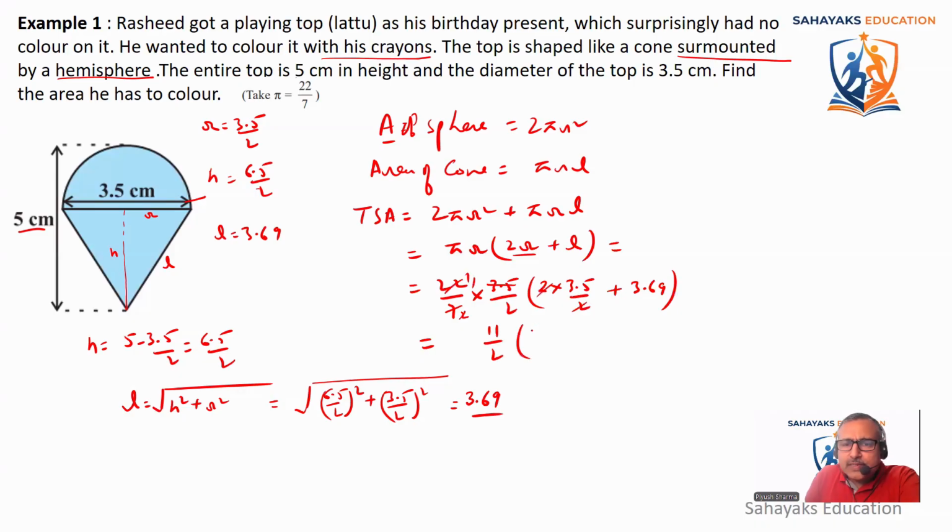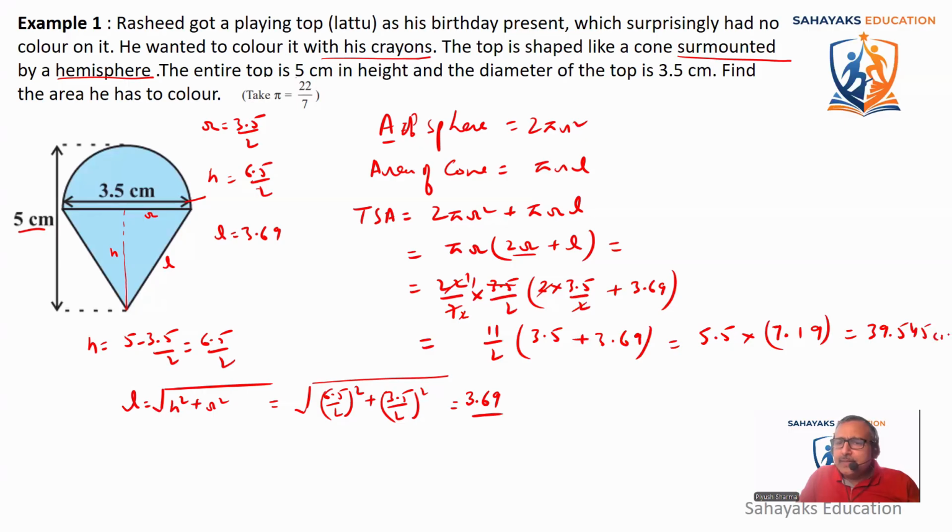The 2s will cancel out. It is 3.5 plus 3.69, which is 7.19. 7.19 into 5.5, and this value comes out to 39.545.